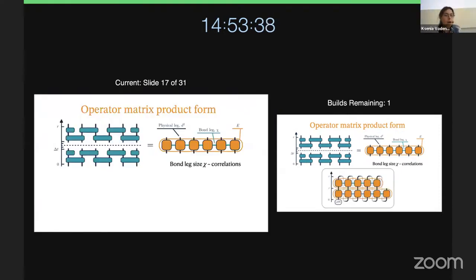For those who are not familiar with the matrix product techniques, let me just say that for a many-body system, we can introduce a matrix for each site, and then the connection between the matrices, that is the size of the matrices, will tell you essentially how the sites are correlated.